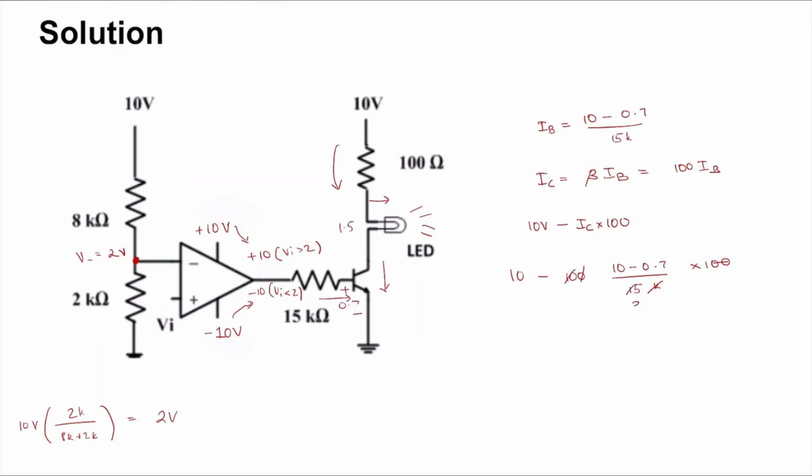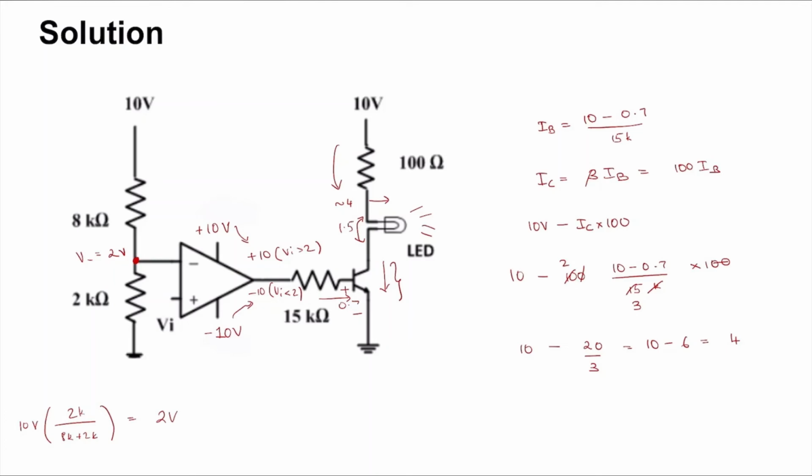So this is roughly, 10 minus 0.7, I'm going to ignore the 0.7, this is roughly 20 by 3, just 10 minus, again that's roughly 6. This is now 4, so you have roughly 4 volt here, which is more than enough to satisfy the drop on the LED and still have enough to keep this transistor in active region.